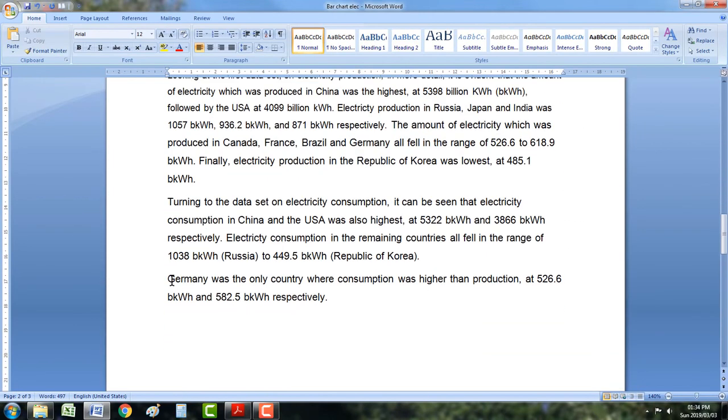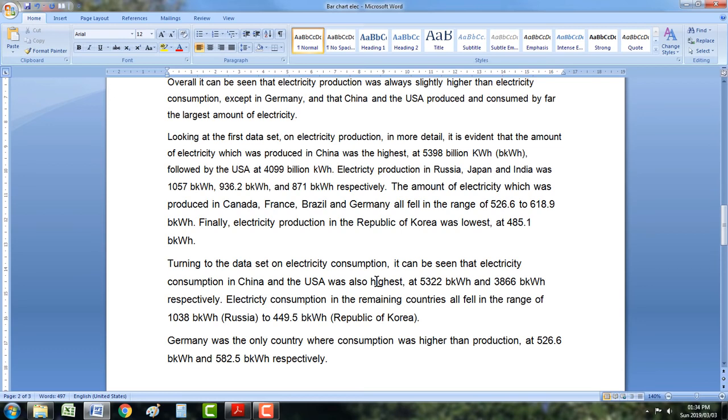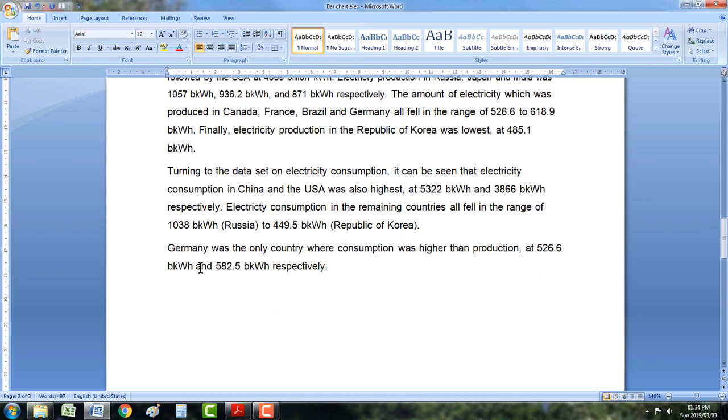Now, some students want to say the word interestingly. Never use interestingly in task 1 because interesting is about your opinion, and we don't want your opinion in task 1. So maybe you can say notably. That's worth noting if you want to say something like that. It's a nice word. No harm done.